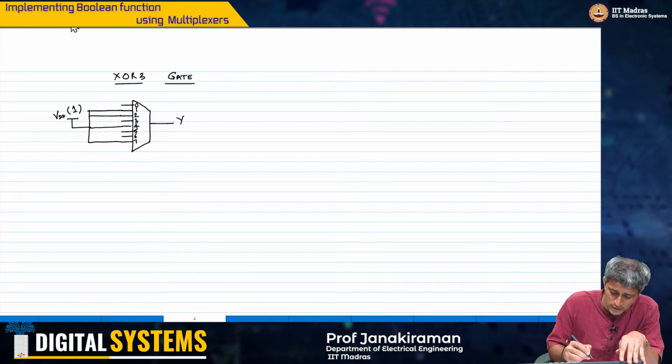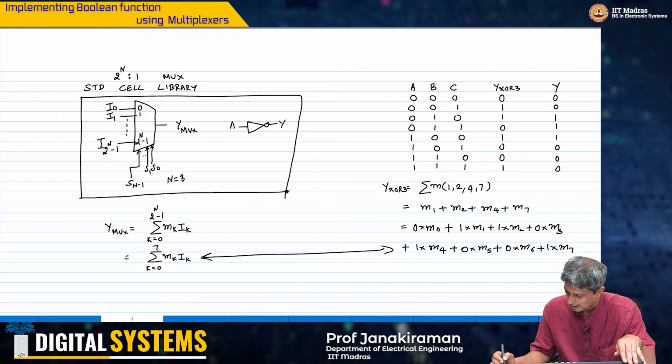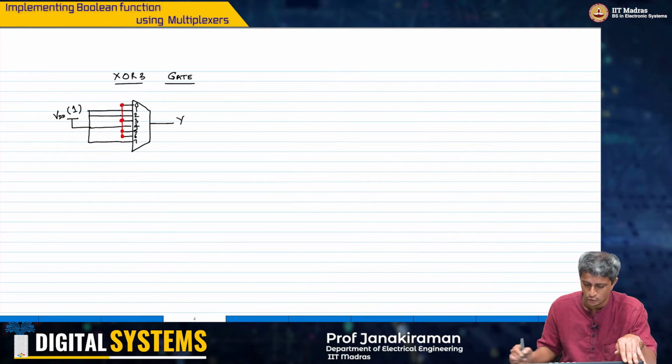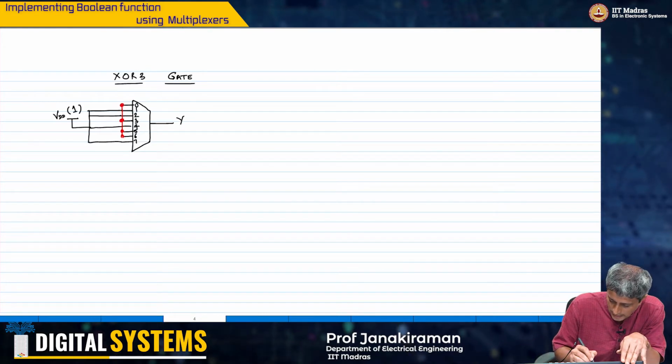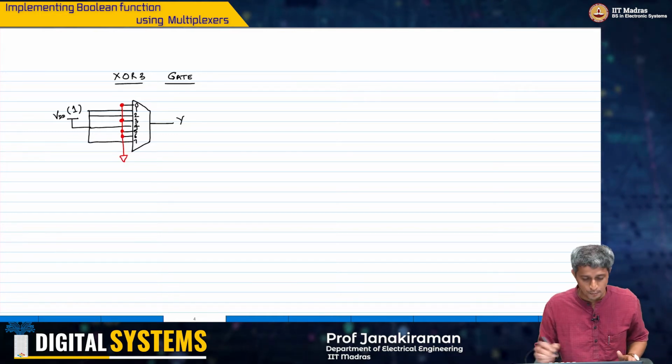On the other hand, I'll just draw it in a different color. 0, 3, 5 and 6 are the unused inputs, and those I will just connect to ground, okay? This is my input combination.